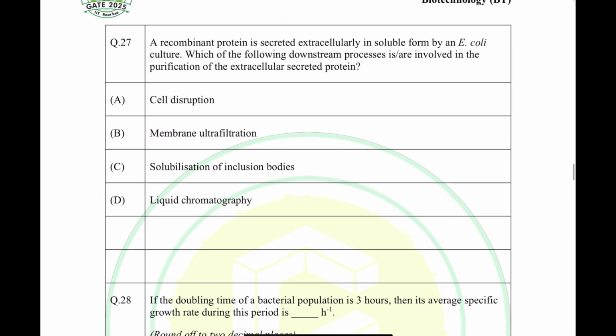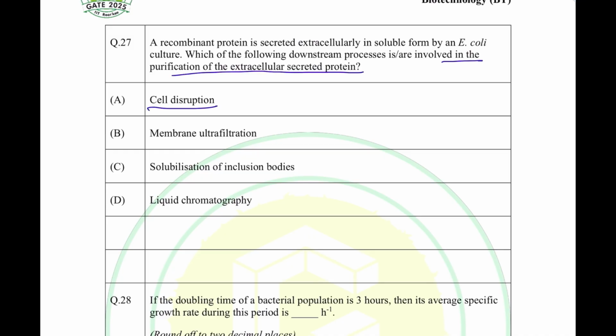So moving on to the next question. A recombinant protein is secreted extracellularly in soluble form by E. coli culture. Which of the following downstream processes are involved in the purification of the extracellular secreted protein? So first option is cell disruption.